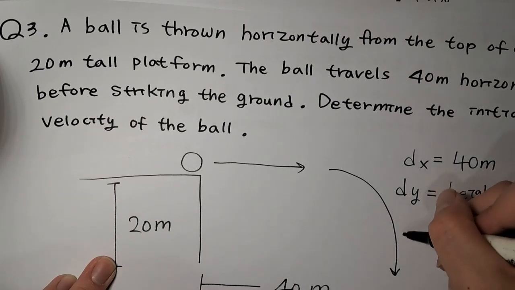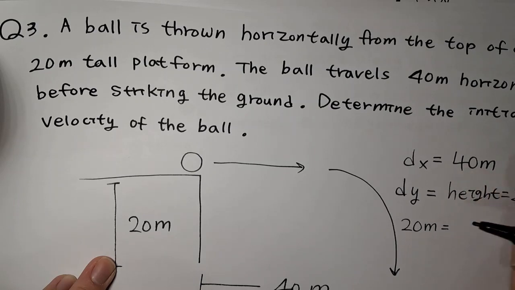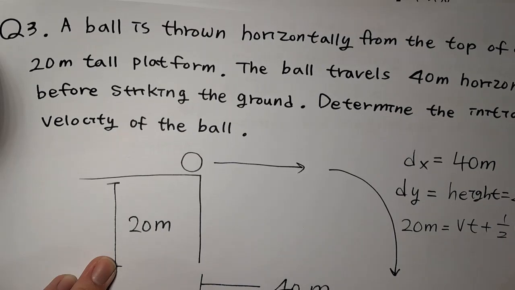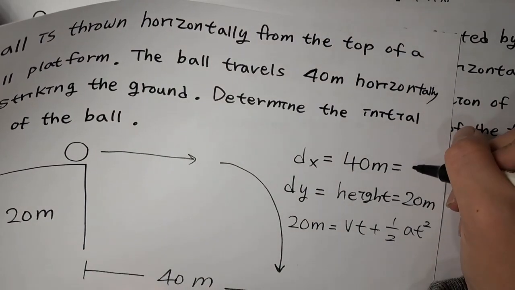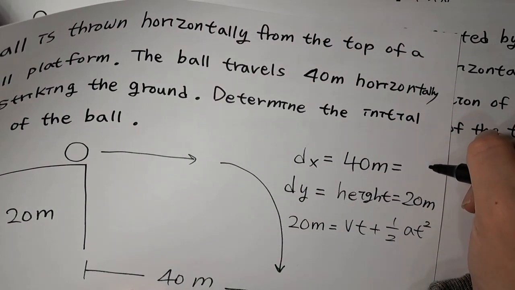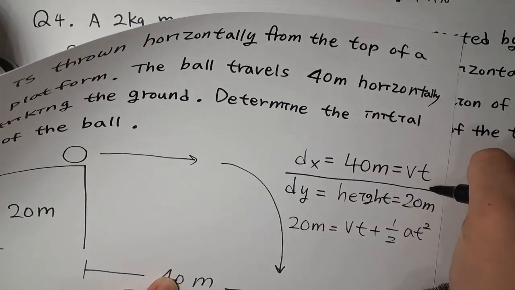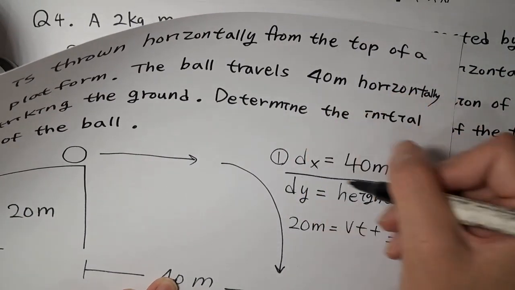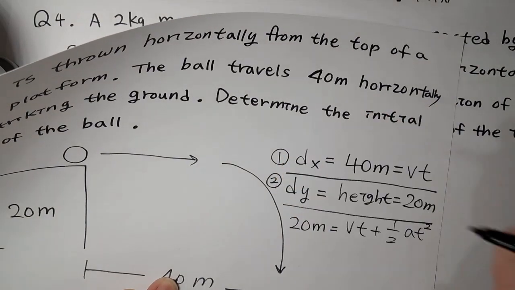And we are going to find these, and this means the velocity and time. This is in terms of the x-axis and this is in terms of the y-axis.